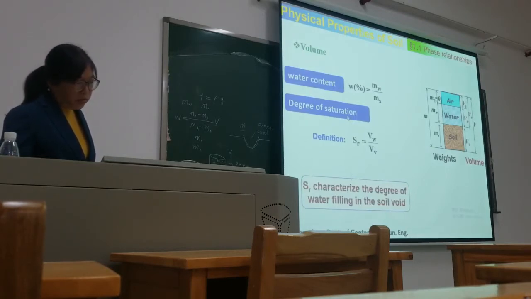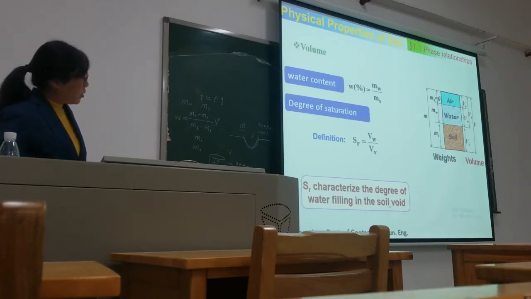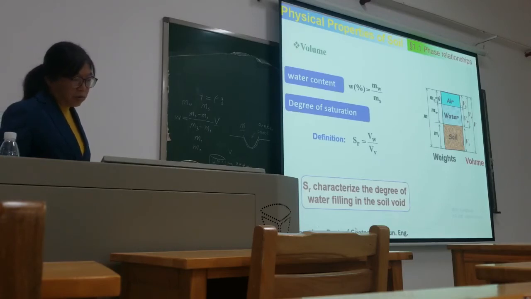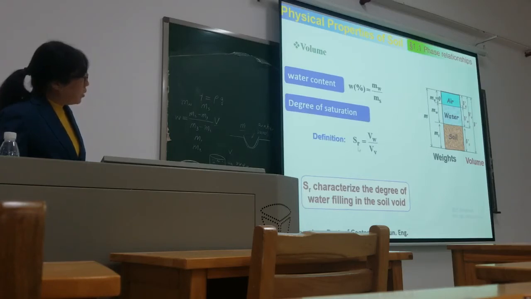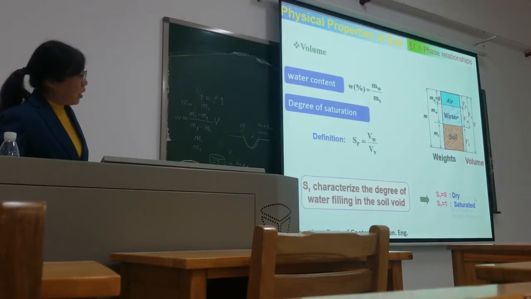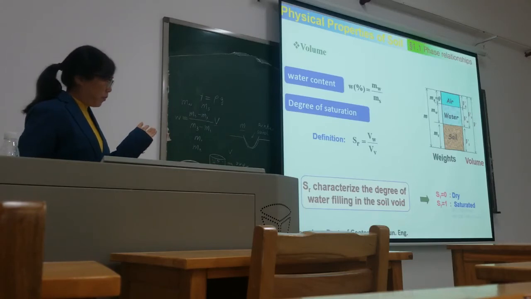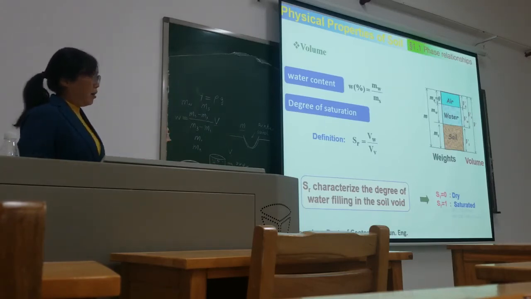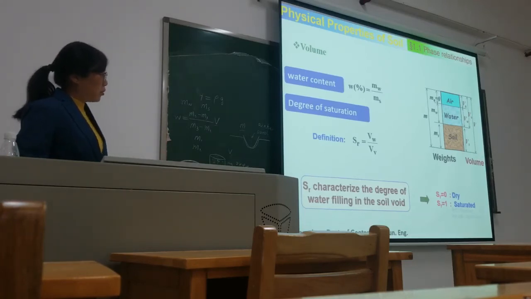Here, degree of saturation characterizes the degree of water filling in the soil void. When the degree of saturation equals 0, maybe the soil is dry soil, no water, only soil particles and the air. All the soil void is filled with air.